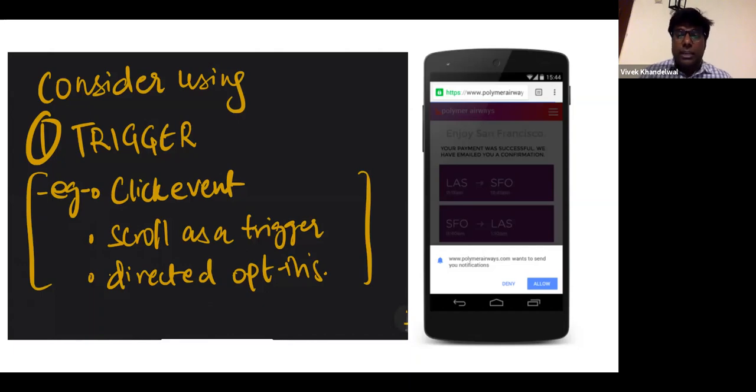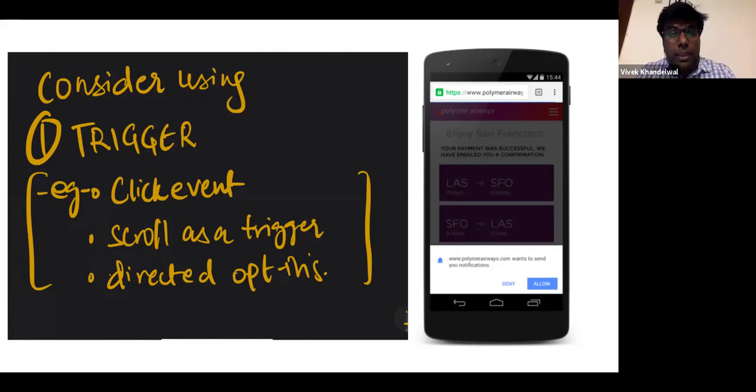As a marketer, you have three tools. Number one, setting up a very clear trigger on your website, which can be a small button, a small widget, a banner, whatever you think is right, which clearly says, hey, if you're interested in offers or updates on a website, click and subscribe to our notifications.